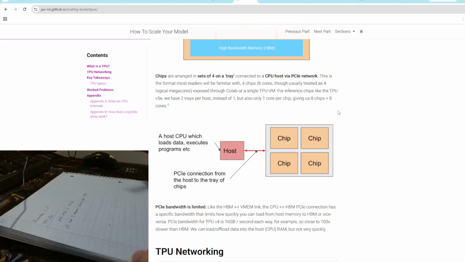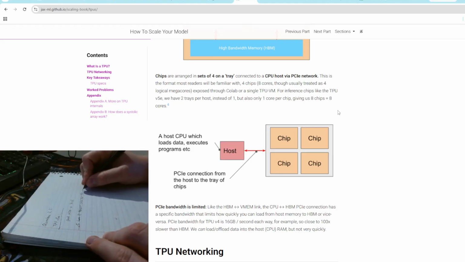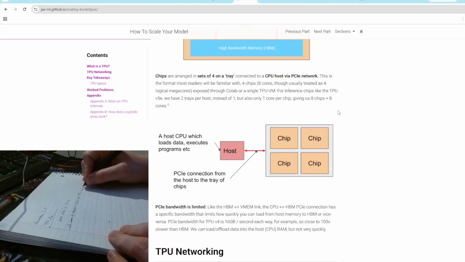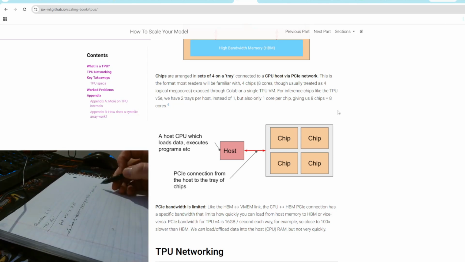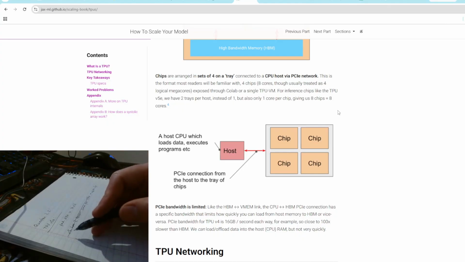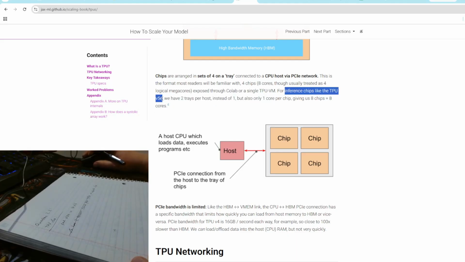Oh, okay. Only for V5P. Okay, so this is going to be a key difference that we're going to have to remember for the distinction between V5E and V5P. So it says for inference chips, so the V5E, we have 2 trays per host instead of 1, but also 1 core per chip.